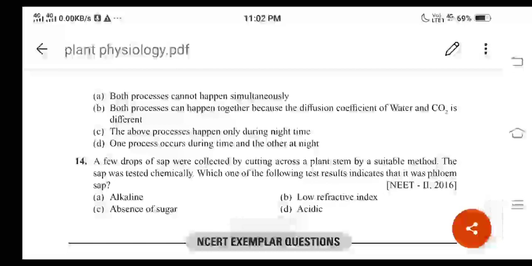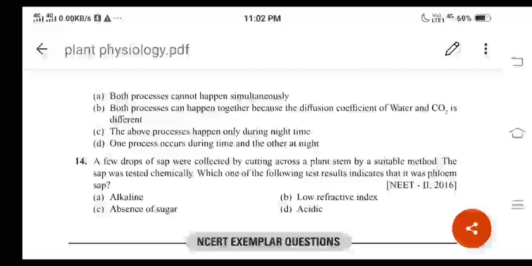And here, what does diffusion coefficient mean? It is equal to diffusivity. We can call it diffusivity, or mass diffusivity. It is a proportionality constant between the molar flux due to molecular diffusion and the gradient in the concentration of the species, or the driving force for diffusion.